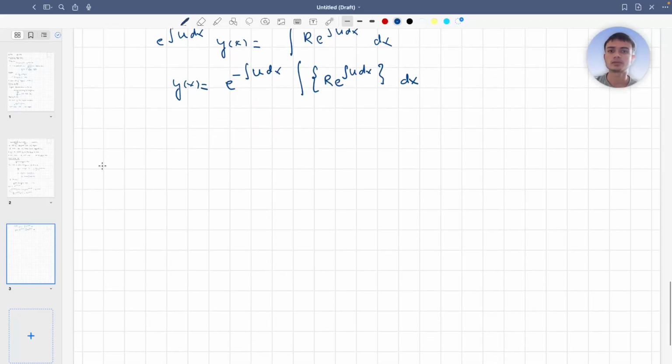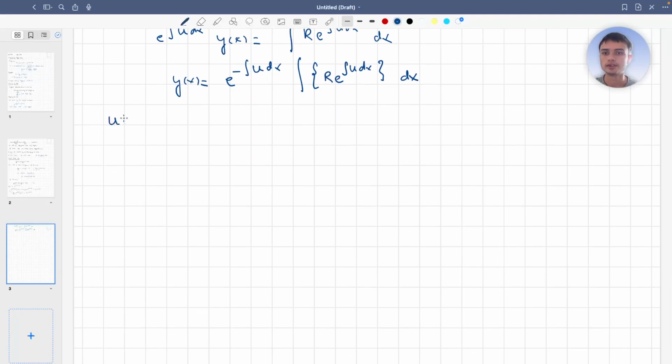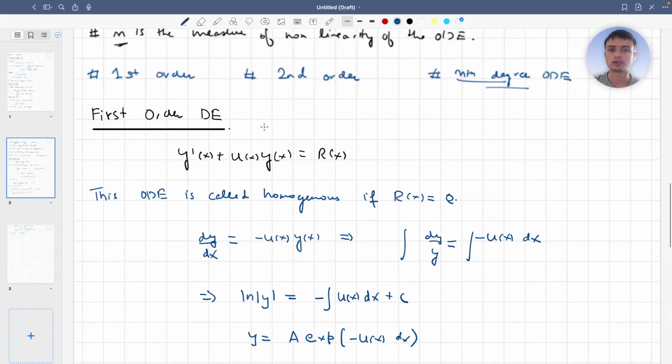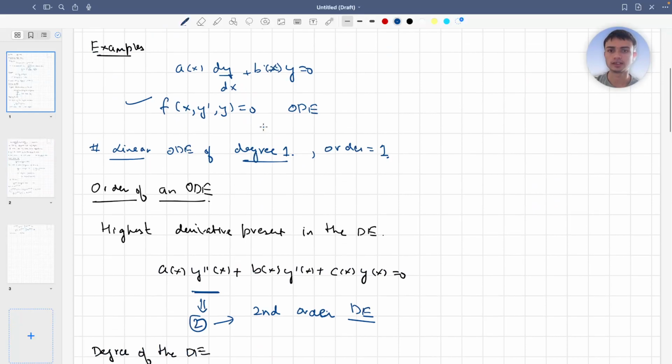I want you to remember that u is a function of x, and r is also defined as a function of x. Now, we will do an example over this in this video only.